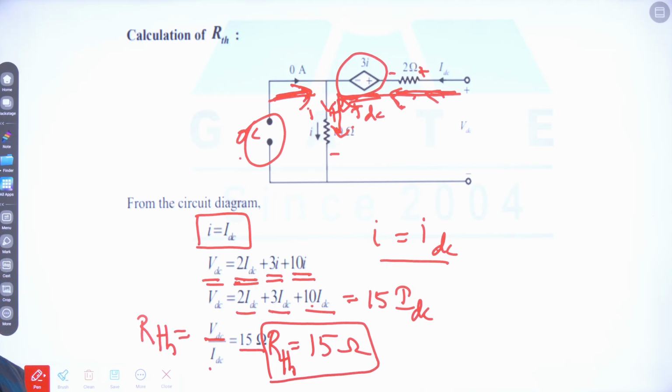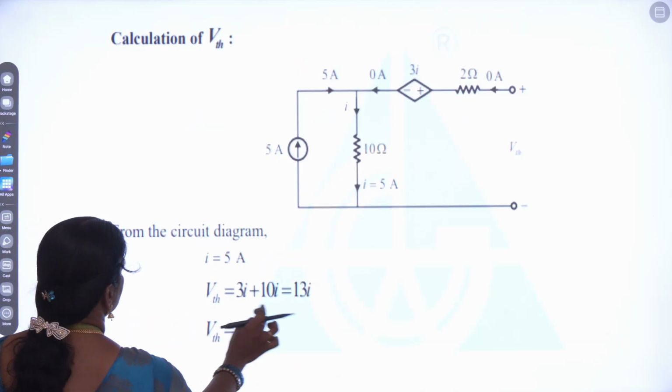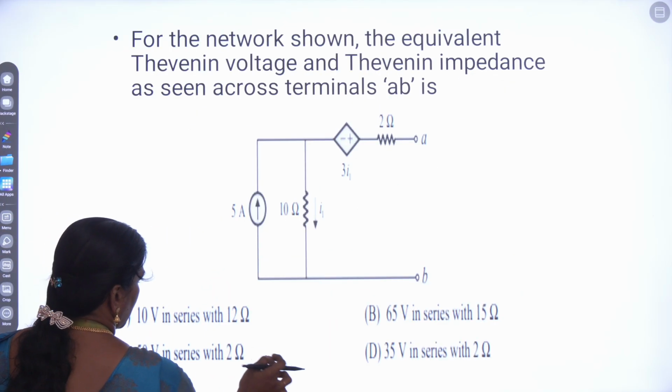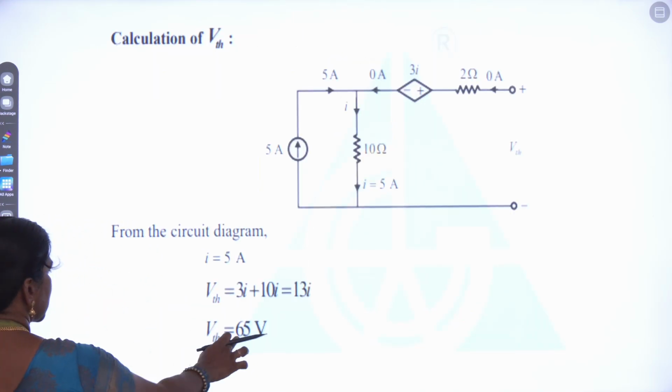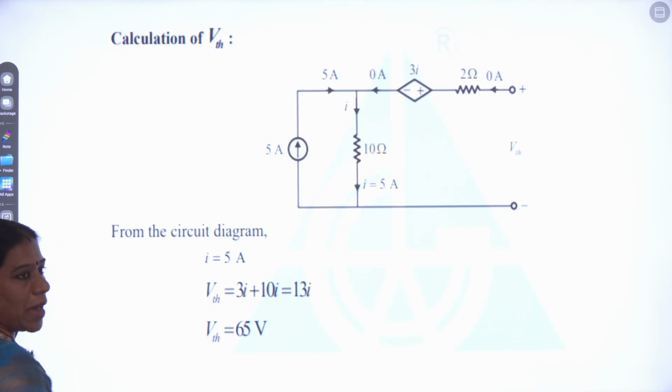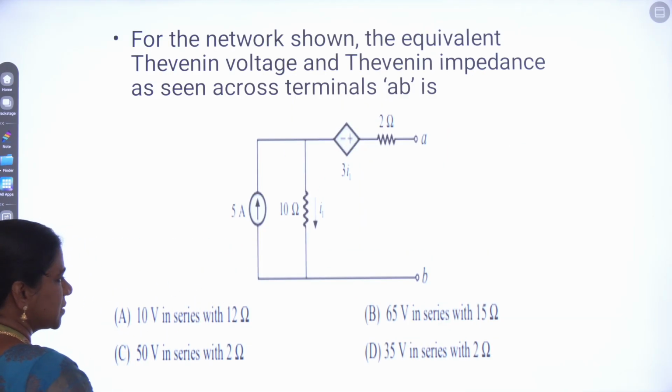So already we have calculated VTH and now we have calculated RTH. Let us see the problem and the options given. Here the VTH we have calculated is 65 volts and RTH is 15 ohms. So we can check it with the options.